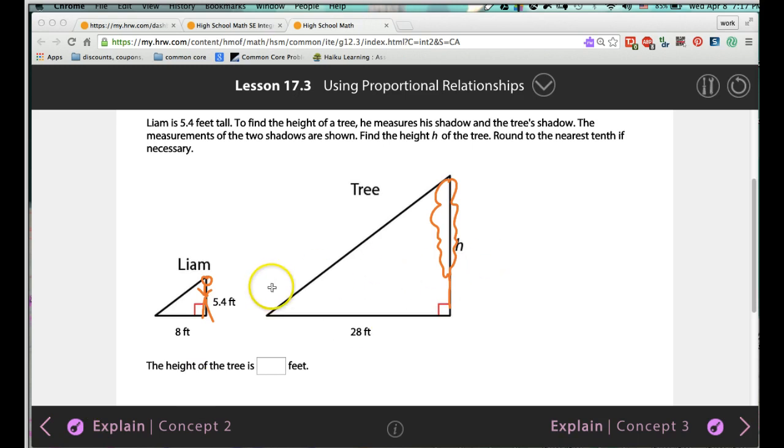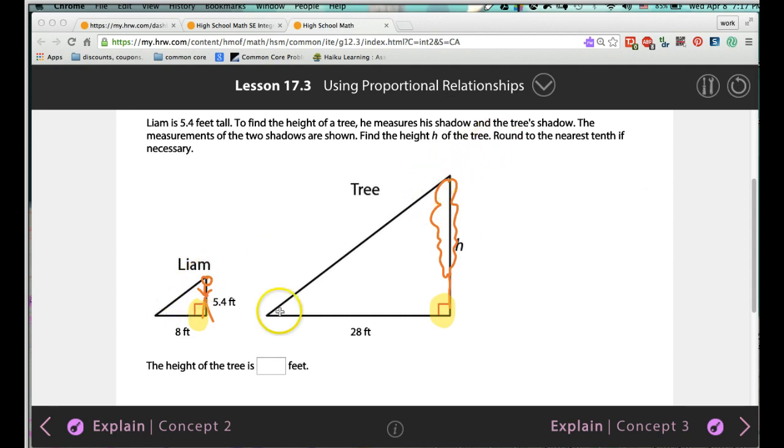So now what we're going to do is figure out, are these two triangles congruent to each other? I mean, similar to each other? Yes, they are. How do you know that? Because look, this angle right here, they have a little square. What that means is that they're both 90 degrees. Okay? And then if we have a sun somewhere up here, of course, if we have the same sun, it's going to shine down on both of them at the same angle.